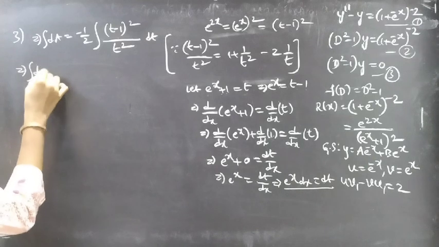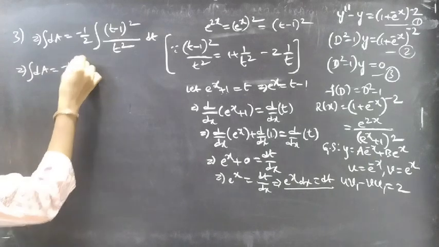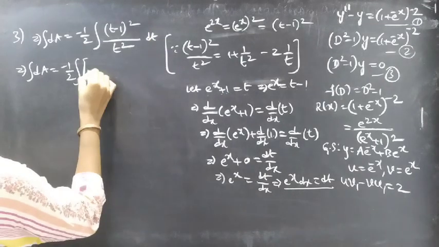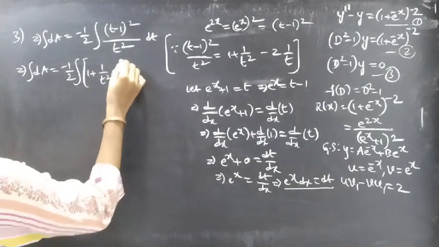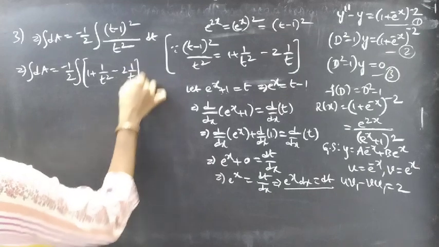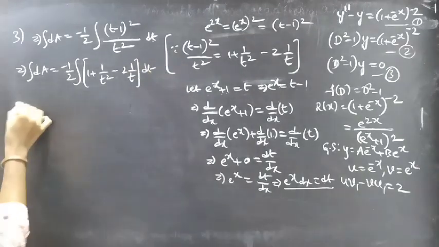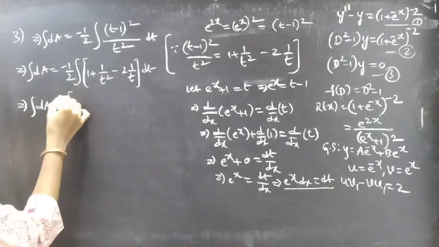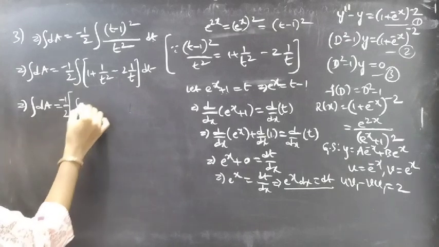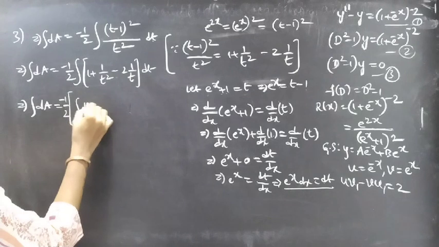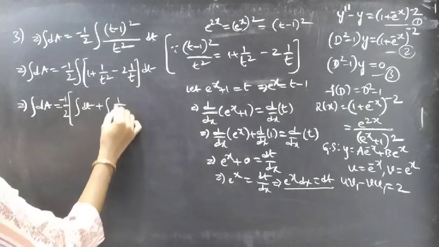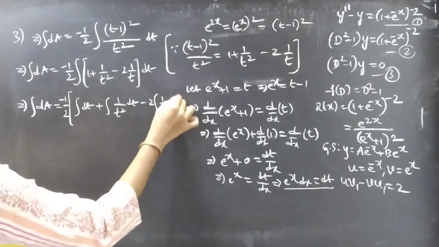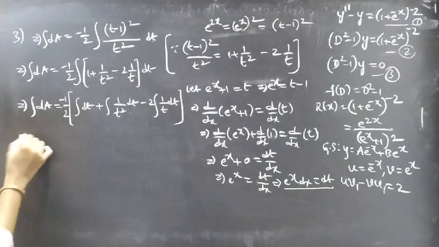This gives us integral dA equal to minus 1 by 2 integral of, replace t minus 1 whole square by t square with 1 plus 1 by t square minus 2 into 1 by t, into dt. This gives us integral dA equal to minus 1 by 2 of integral 1 into dt is dt, plus integral 1 by t square dt, minus 2 integral 1 by t dt, right?